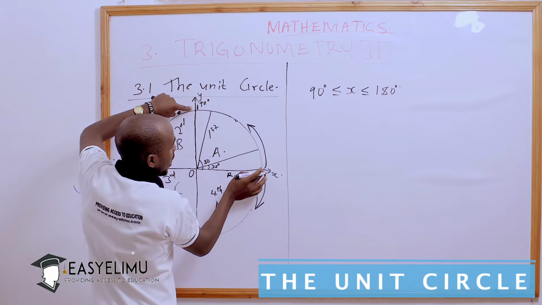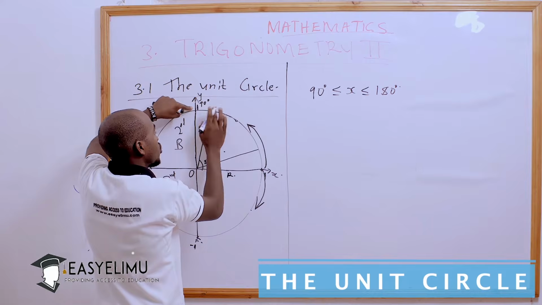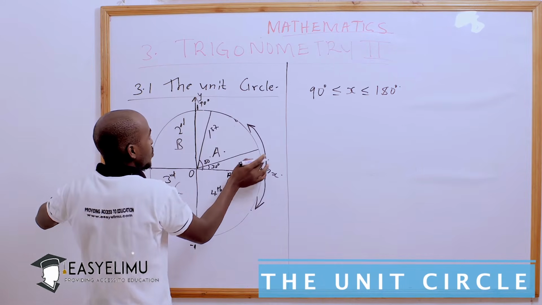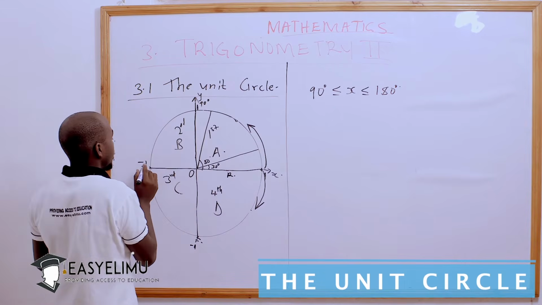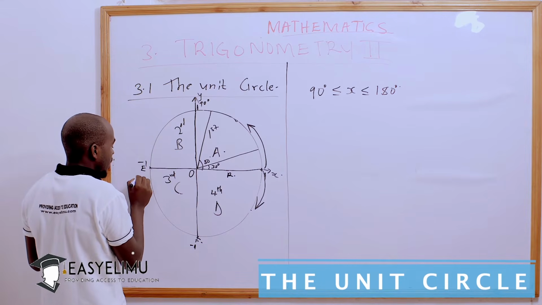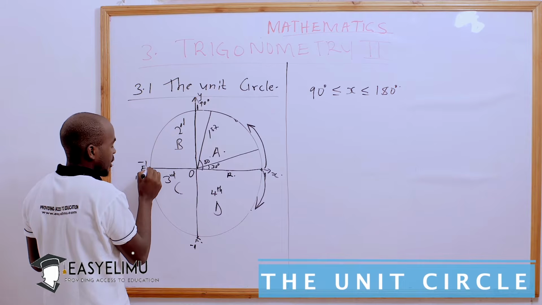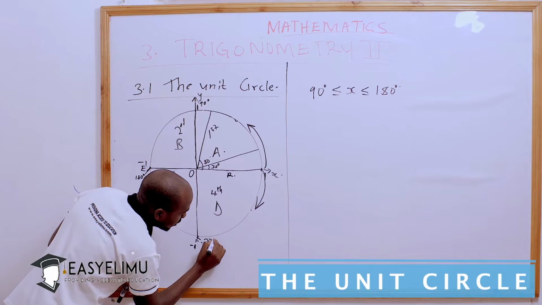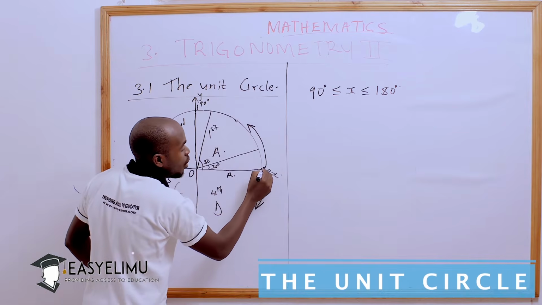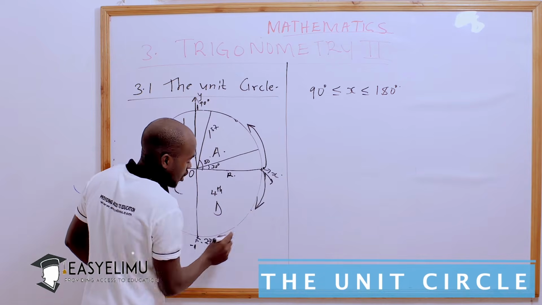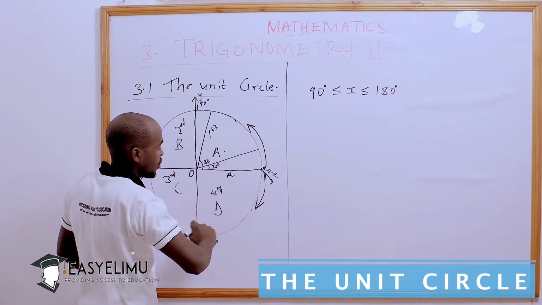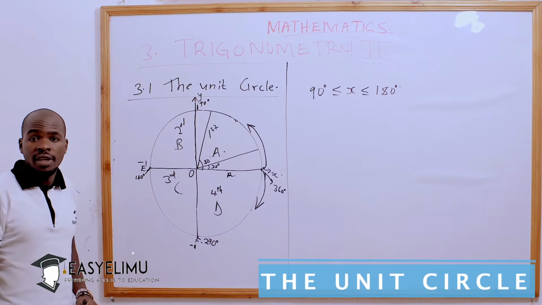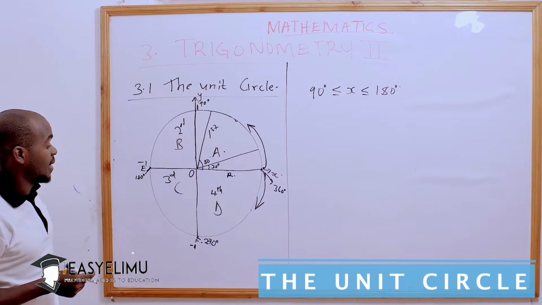If you measure in anti-clockwise direction, up to this point you will find positive 90 degrees. Moving on to this point, here is 180 degrees. As you continue to move, here is 270 degrees, and back to 0, which is also 360 degrees, and you will have completed a circle.